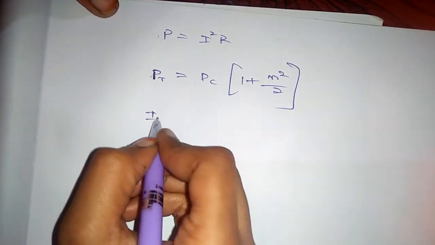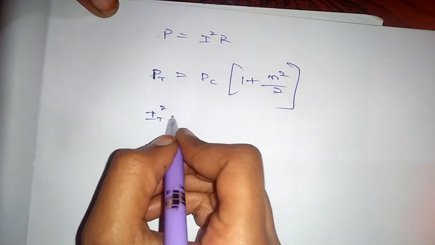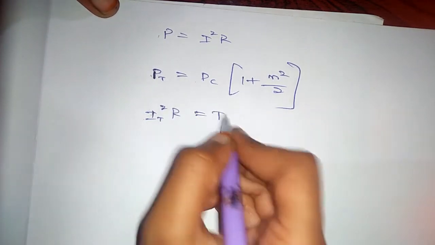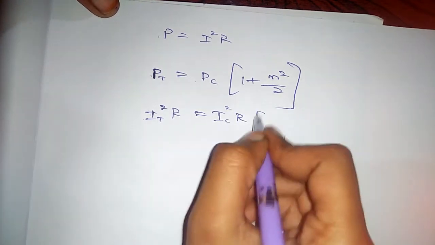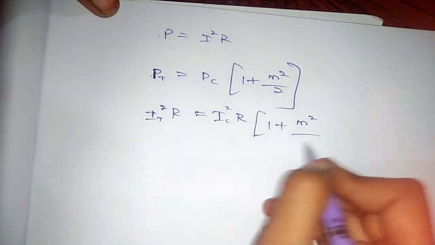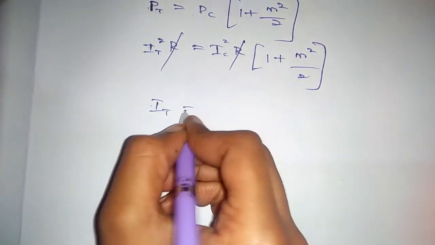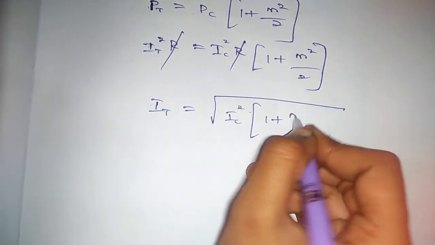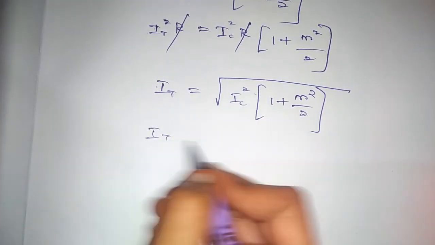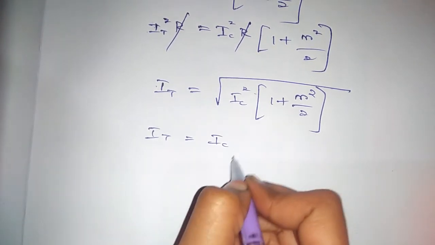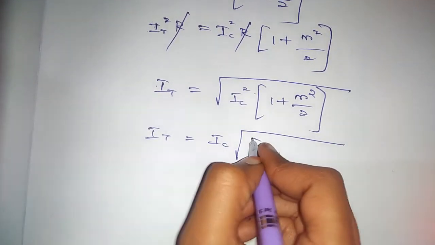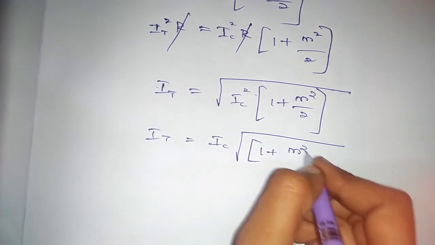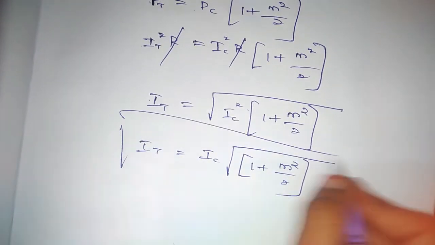Then R cancels, and IT = root of Ic square of (1 + m square by 2). Taking Ic common, I get Ic root of (1 + m square by 2). This is in terms of currents.